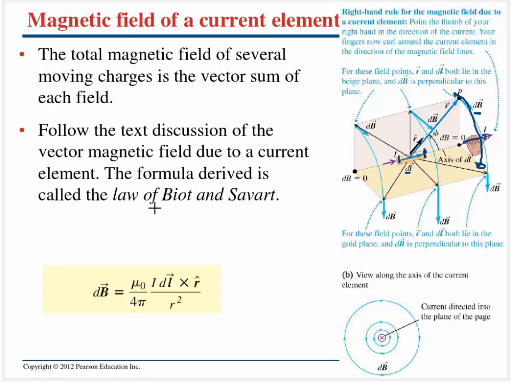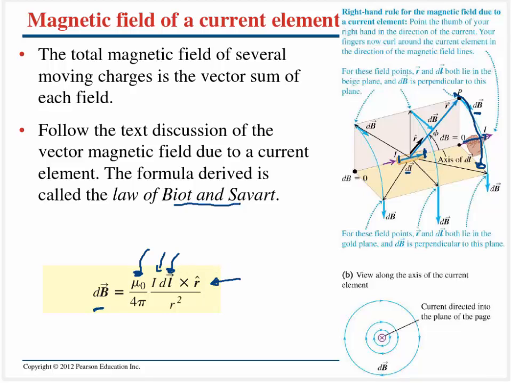We can come up with a formula called the Biot-Savart law, which relates this tiny little amount of magnetic field to the permeability of free space that we're already familiar with, multiplied by the current, and this little dl is going to be in the same direction as the current.